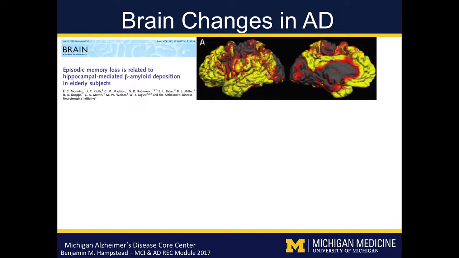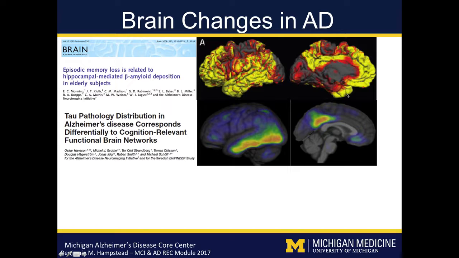Some of the early work came from PiB, the Pittsburgh Compound B, that binds to beta amyloid. There are now commercially available ligands that do this. And this is an example from this group that actually showed the amyloid deposition in the brain of a patient with Alzheimer's.